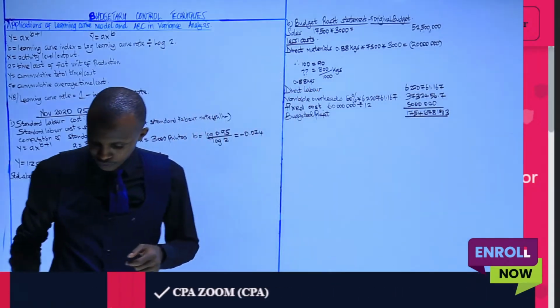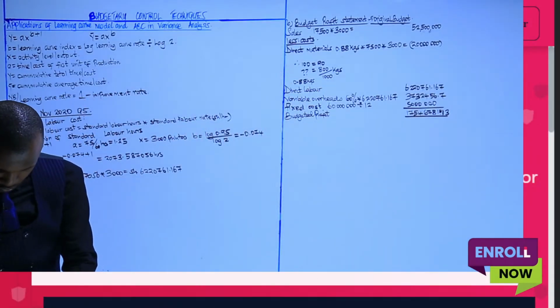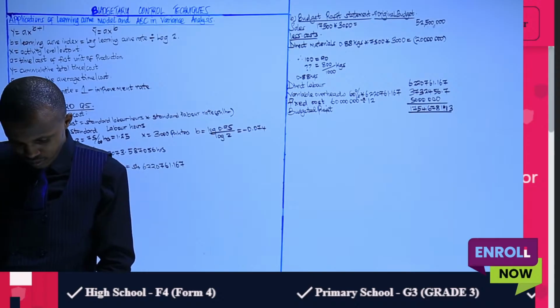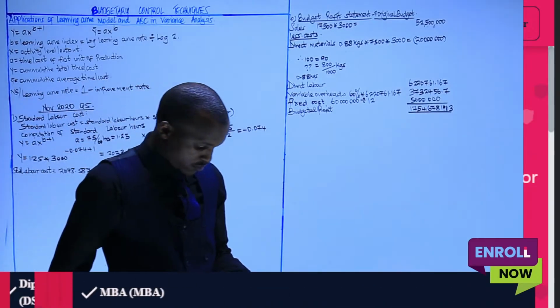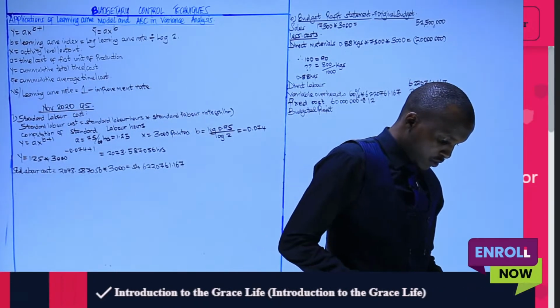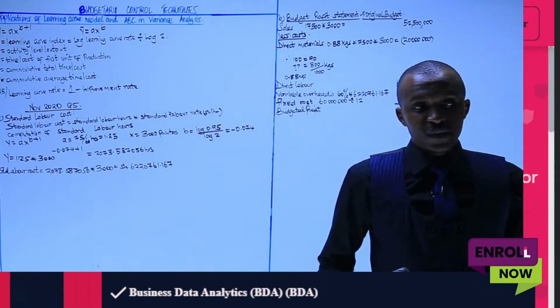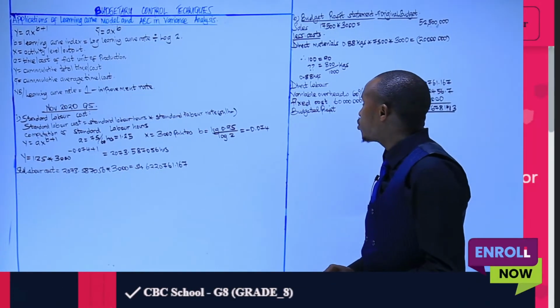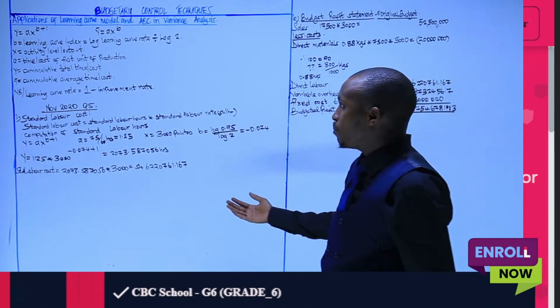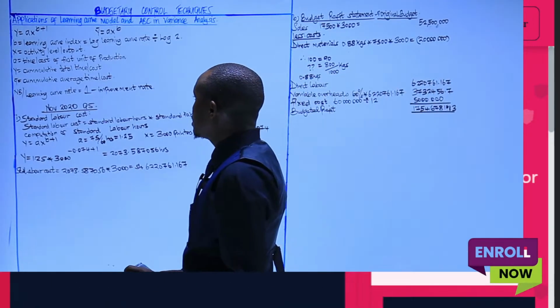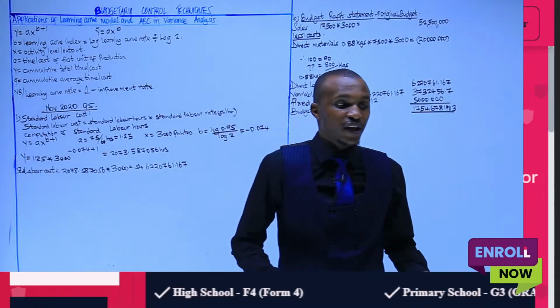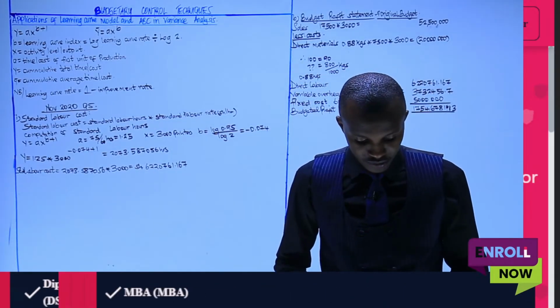All right. That is your budget. That is how you apply learning curve as far as variances is concerned.